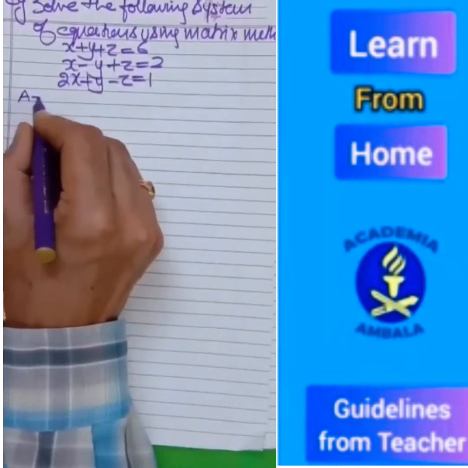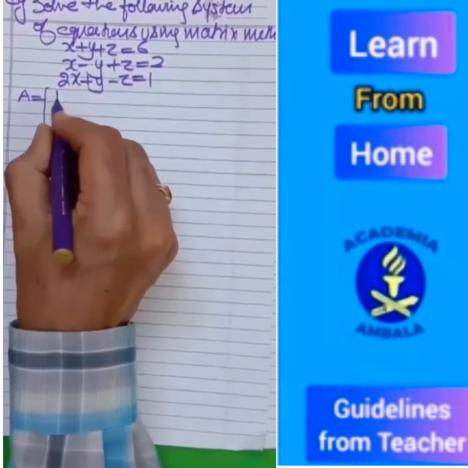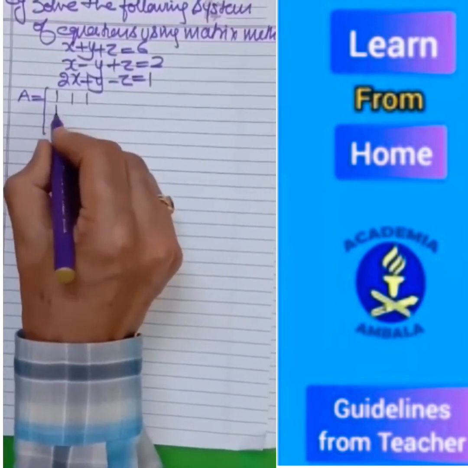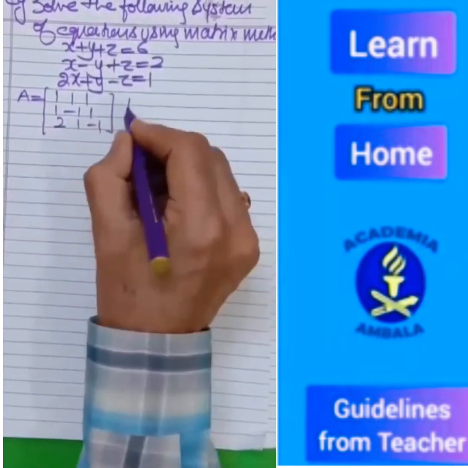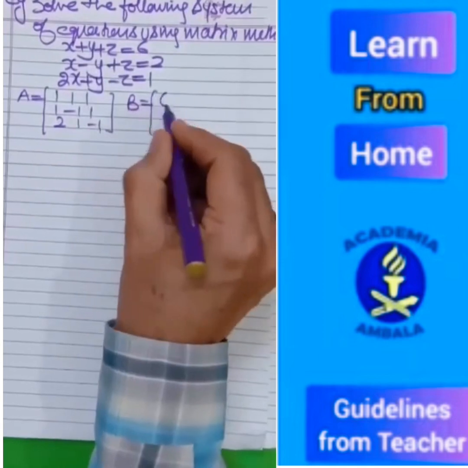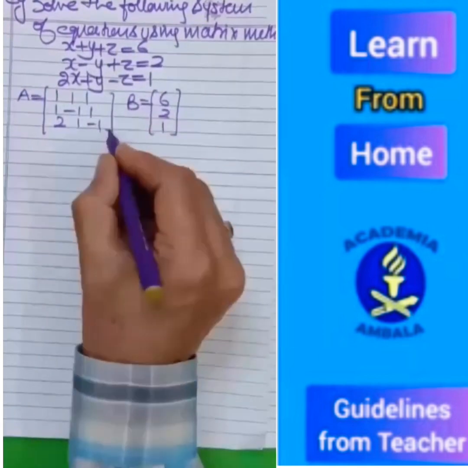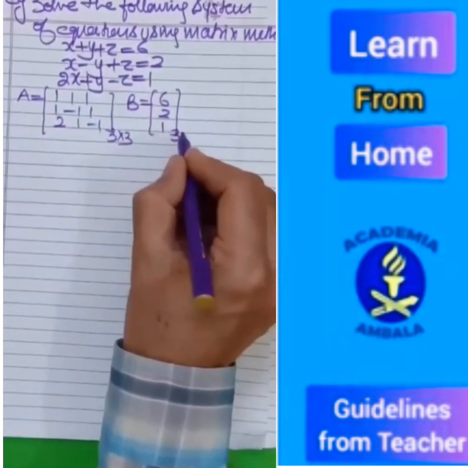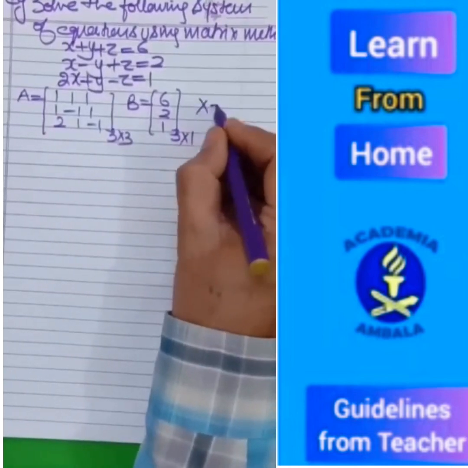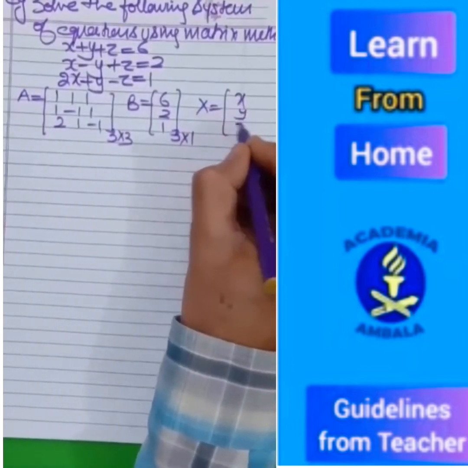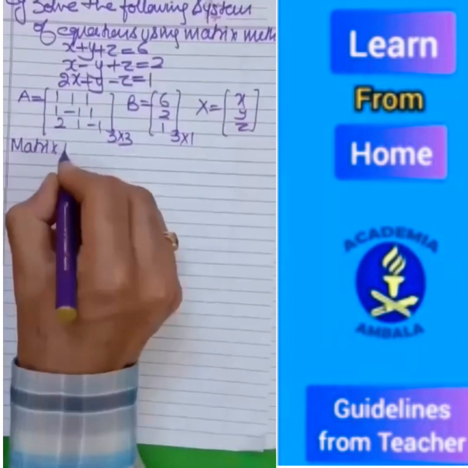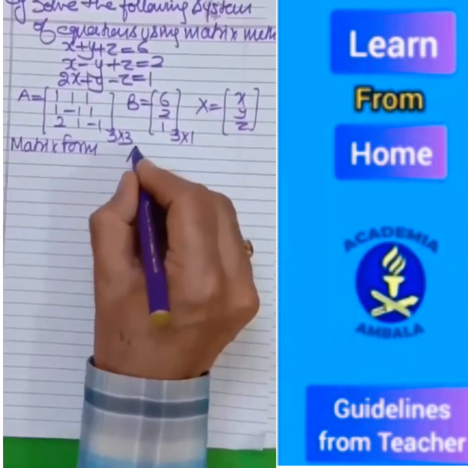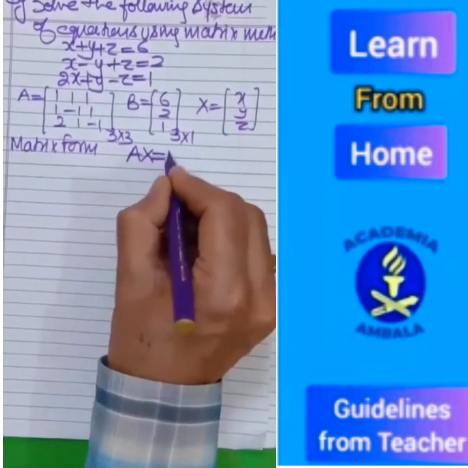In this method, first of all, as you know, we have to write the coefficient matrix, and B is your constant matrix of order 3 by 1, and X is your variable matrix x, y, z. In matrix form, all the steps are to be written in the examination. Matrix form is AX is equal to B.